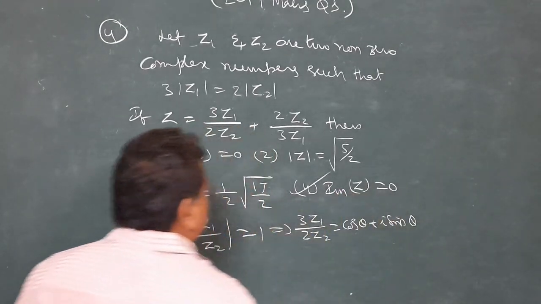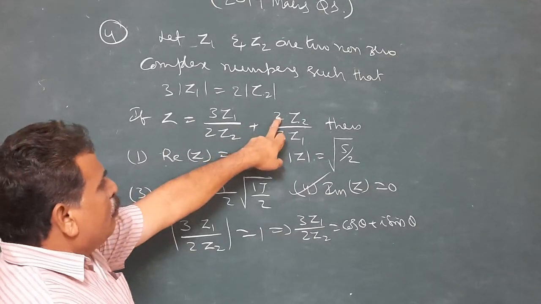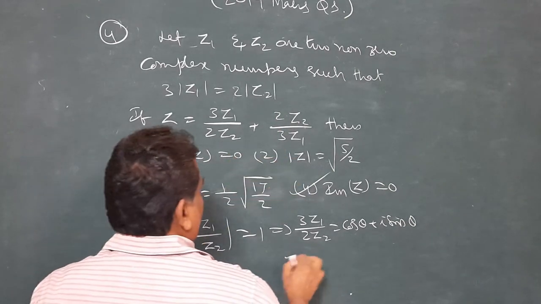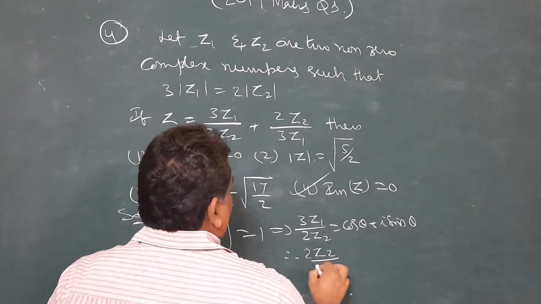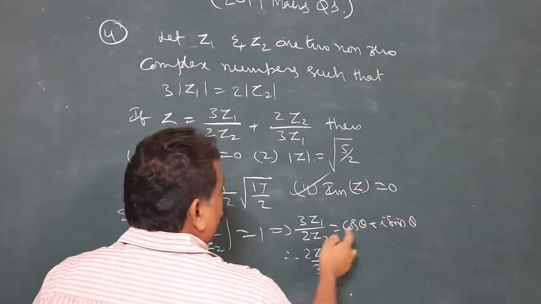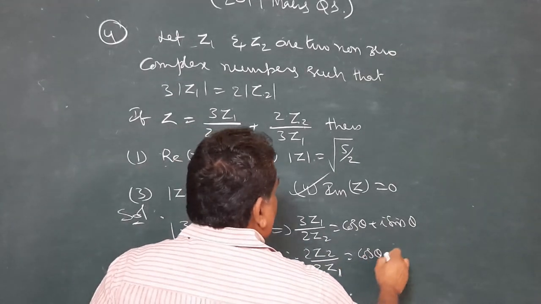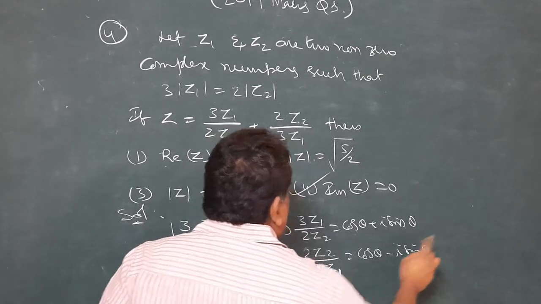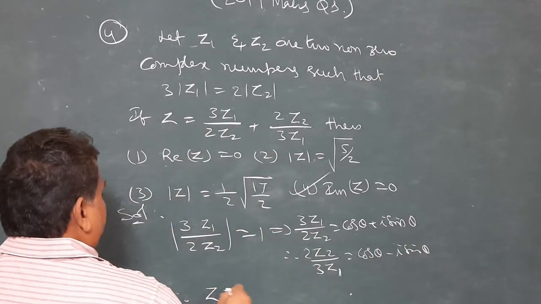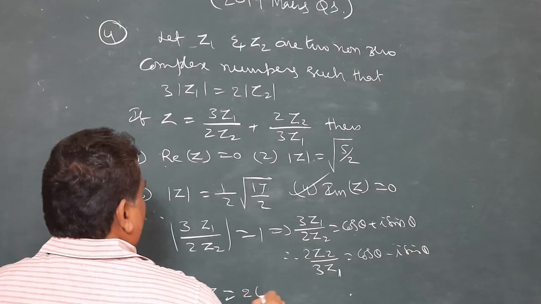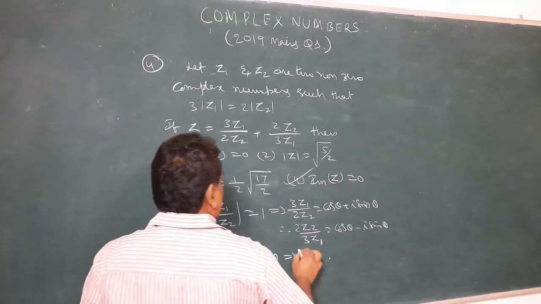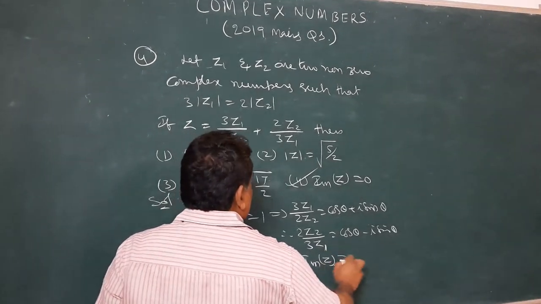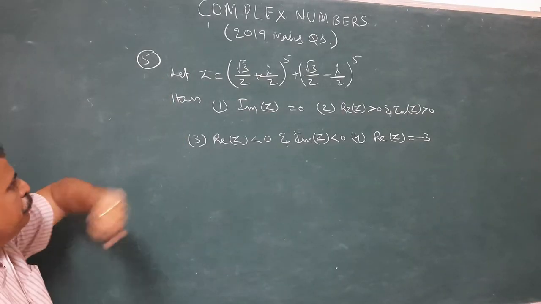Therefore, 2z2 by 3z1 is the reciprocal of this, that is cos theta minus I sin theta. Therefore, z equal to the addition of these two, that is 2 cos theta, which implies imaginary z is 0, no imaginary part.